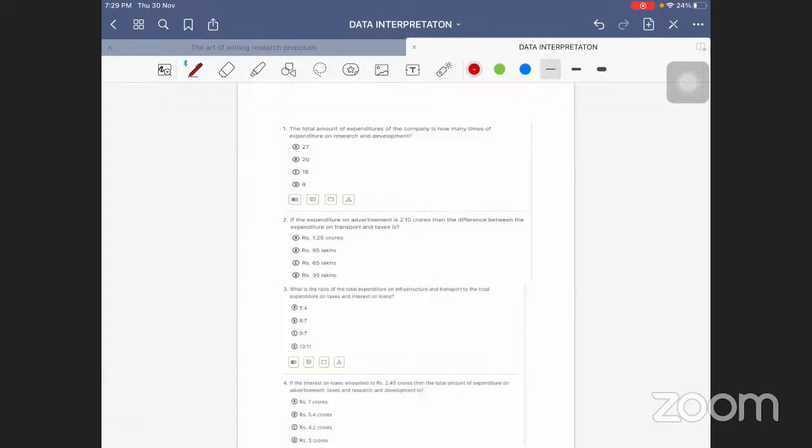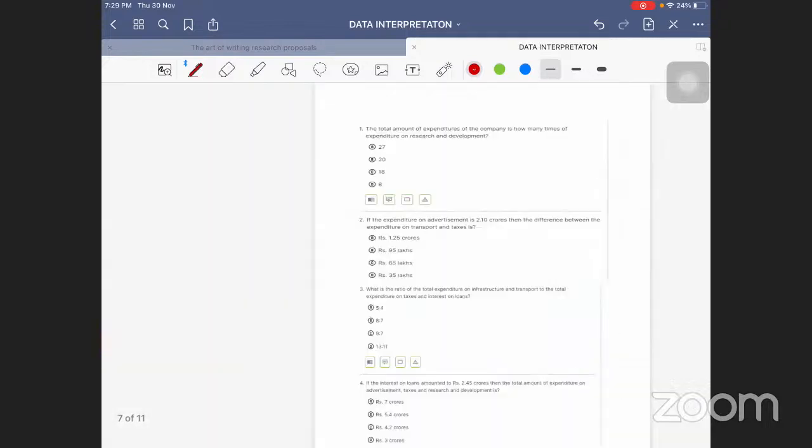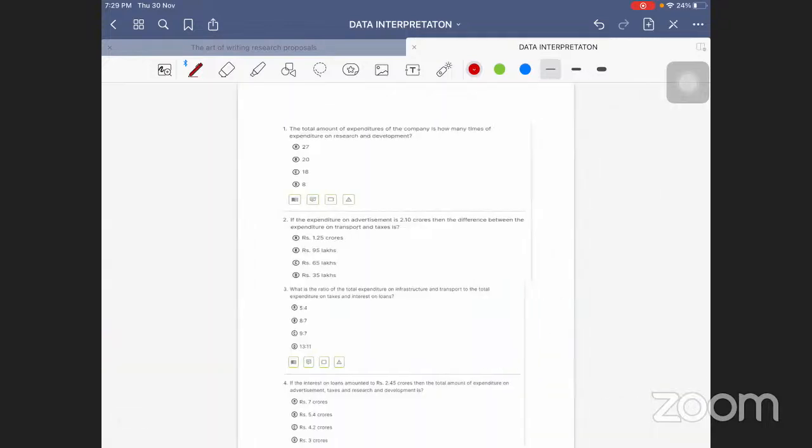The first sum is about the total expenditure of the company, how many times is the expenditure on research and development.